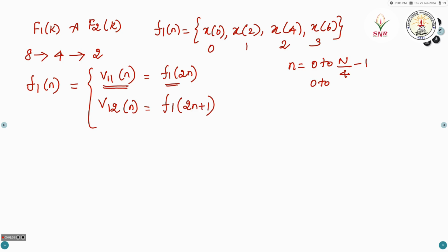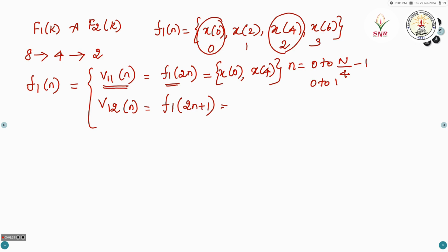So if n is equal to 8, it is 8 by 4 minus 1, 2 minus 1, it is 1. So 0 to 1. So here again it is split into the even components, that is the first component x of 0 and the second even component x of 4.